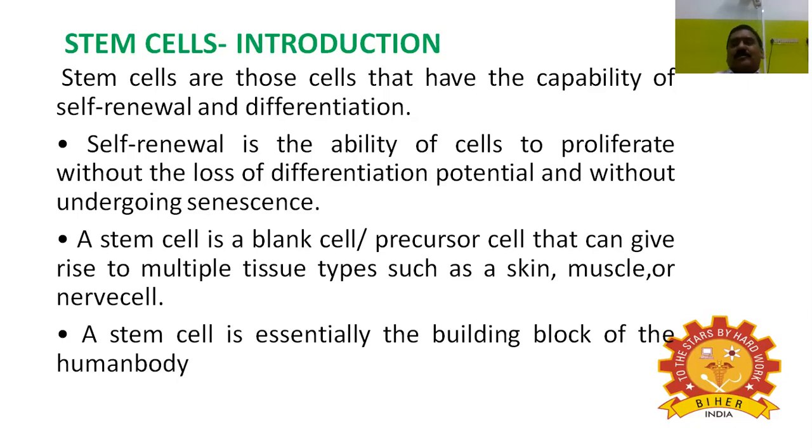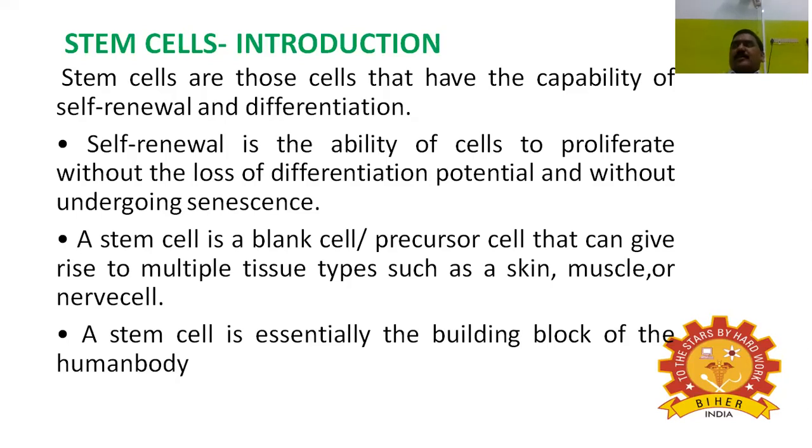So what is a stem cell? A stem cell is a normal cell, and those cells that have the capability of self-renewal and differentiation are known as stem cells. Self-renewal is the ability of cells to proliferate without a loss of differentiation potential and without undergoing senescence.